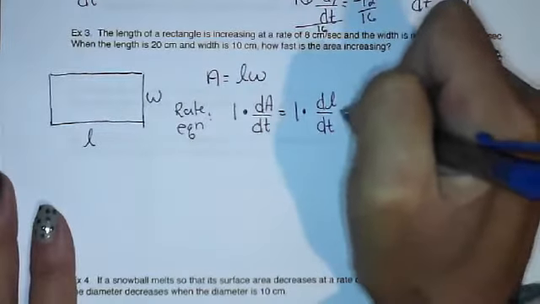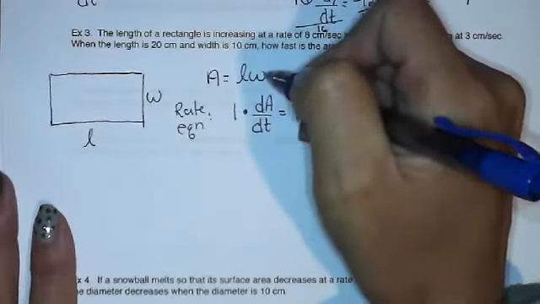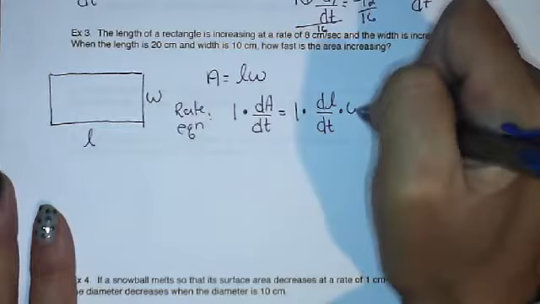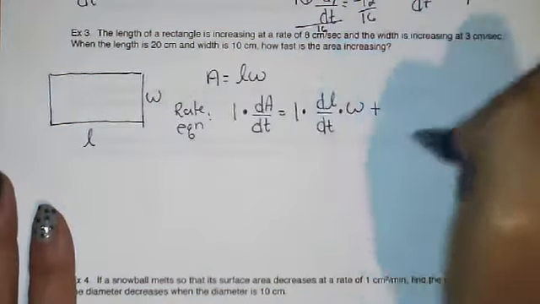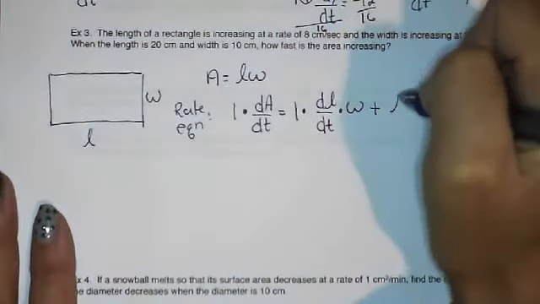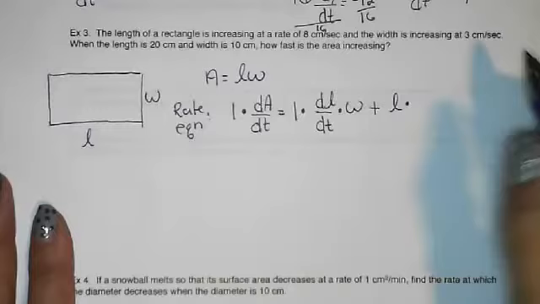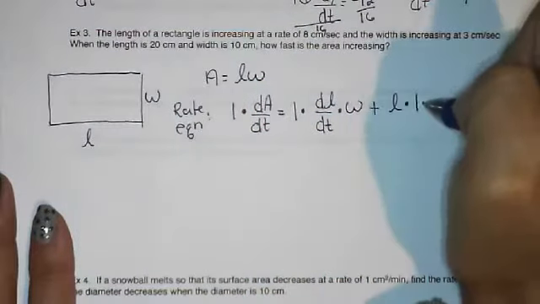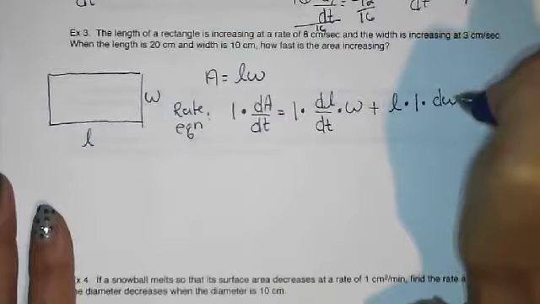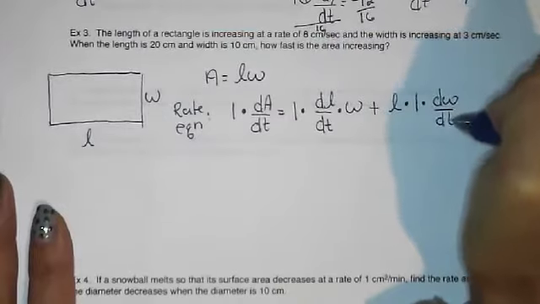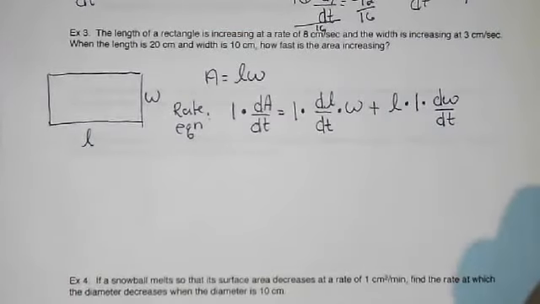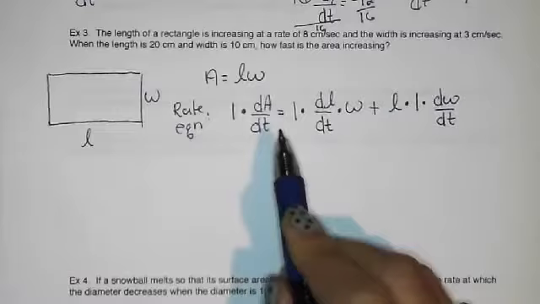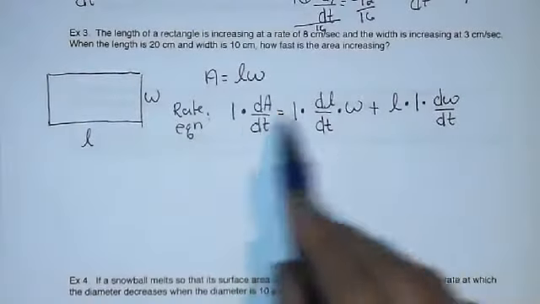So it's the derivative of the first term, which is 1, times its rate, dL dt, times the second term, which happens to be a W, plus, keep the first term, times the derivative of the second term, derivative of W is 1, times its rate.